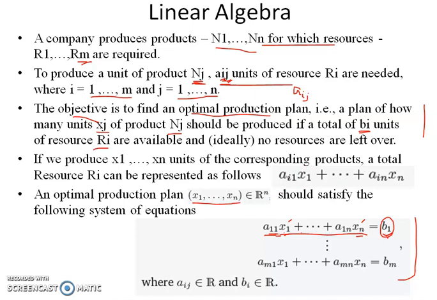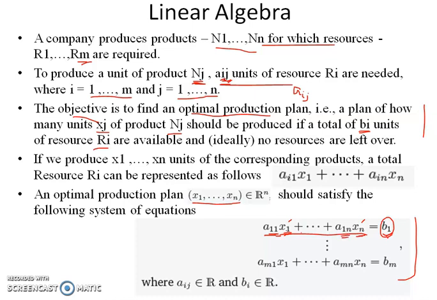Okay, so this x1, x2, up to xn represents the number of units of products that will be produced, and A11 up to A1n represents the number of units of resource.